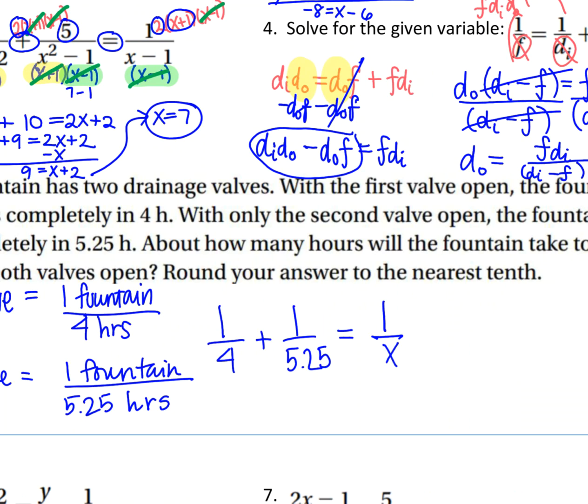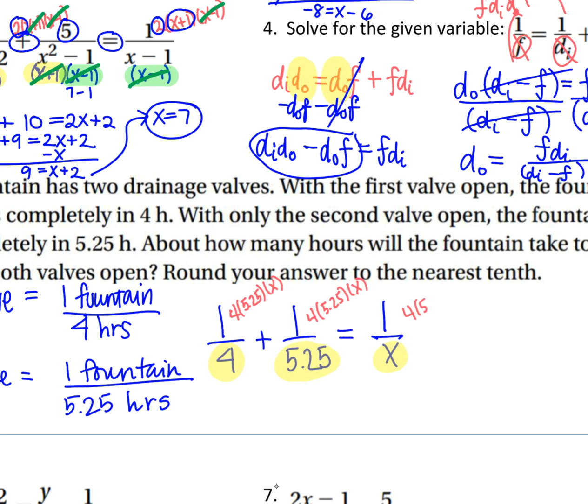All right, so our common denominator is going to need a 4, a 5.25, and an x. So those have nothing to do with each other. So the easiest way to do this is just multiply everything by, actually I'm not going to use parentheses here. I'm going to multiply by 4 times 5.25 times x.